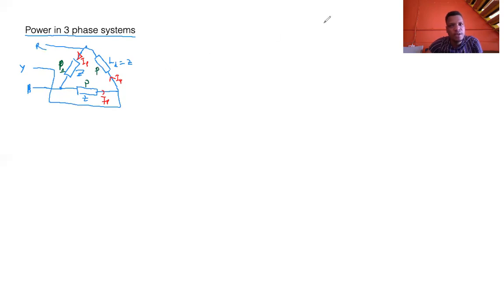So if you want to find the total power in a three-phase system, the power that was supplied by our supplier, you need to find the power in each phase first. So the power in each phase is going to be V of that phase, I of that phase, and then also what else do we need? We need the power factor in that phase.